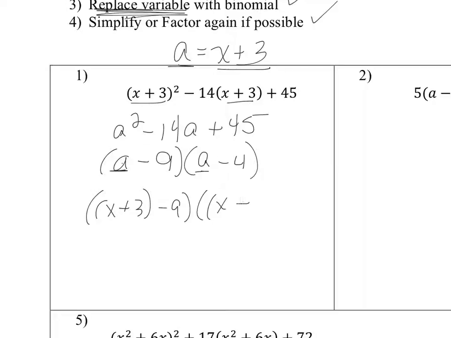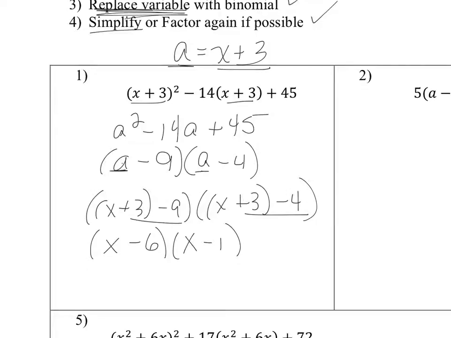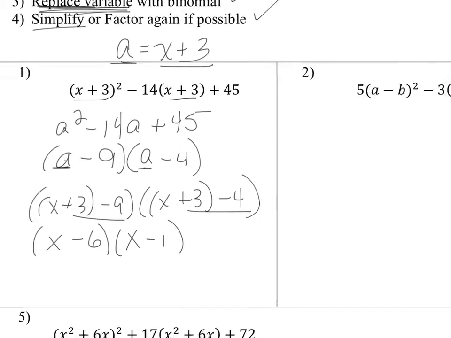So I'm going to put it in. And then the last thing that you're going to want to do is factor it again, or simplify if possible. In this case, like terms. So the 3 and the 9 can combine, so x minus 6, and the 3 and the negative 4 can combine, so minus 1. There you go. Easy as that.